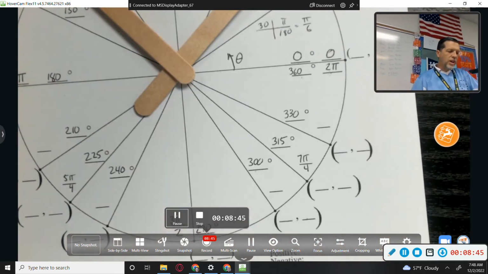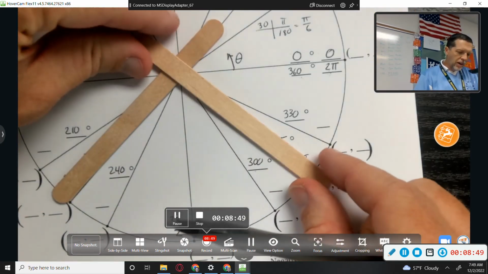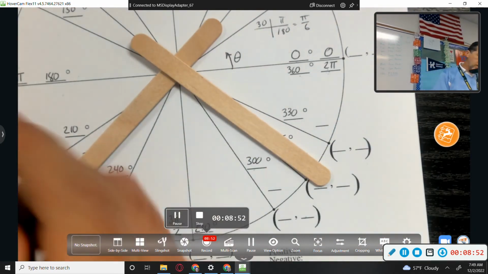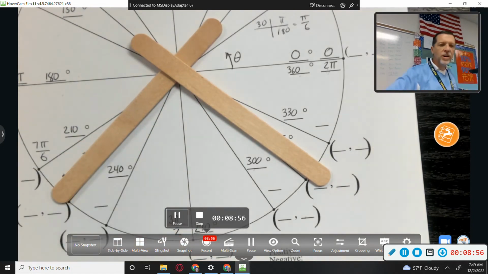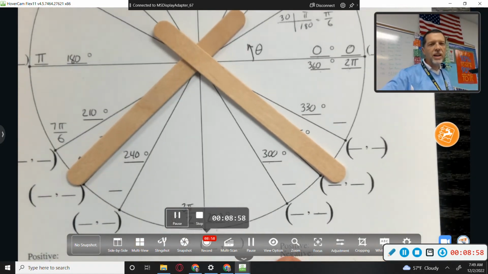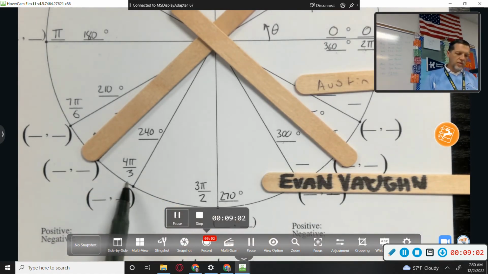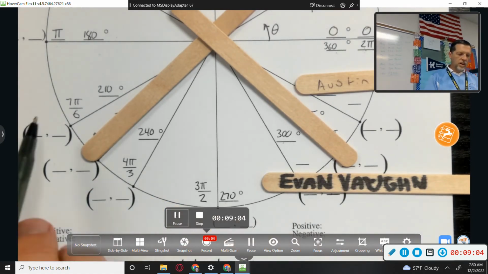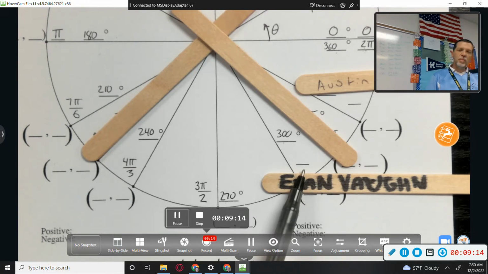Why don't you keep going and see if you can finish the rest of the way. 6/6, 7/6, and so on. But reduce when you can. And then, so 4 pi over 3, 6/6, 7/6, 8/6, 9/6. Evan, what goes in this blank? I don't even know. Let's count by 6.